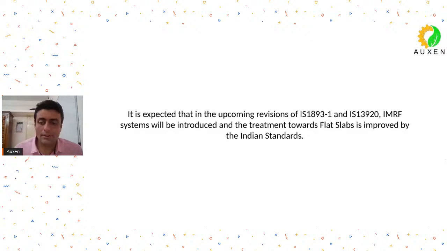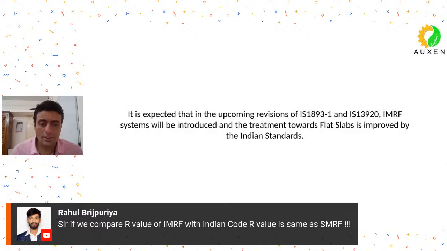So this is what I had to tell you about this. I hope you understood what I wanted to say. If you have any quick questions, if we compare the R value of IMRF with the Indian code, yes, so Rahul is saying the R value of IMRF in the American code was 5. Here, the R value of 5 is given for SMRF.